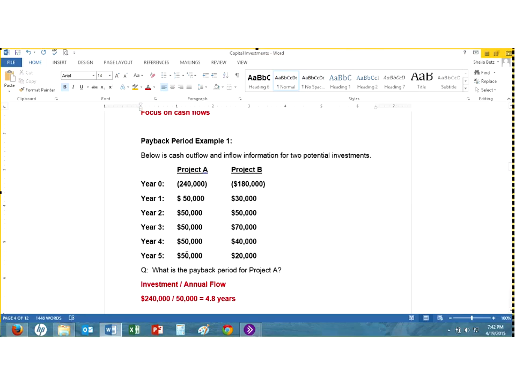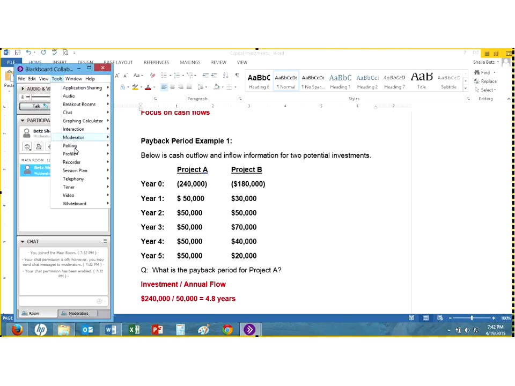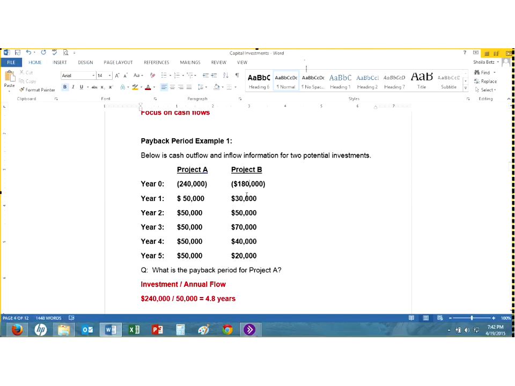Then year 1 through 5, we're going to get cash inflow of $50,000 because of this investment. Project B, when we first purchase the investment, we're going to spend $180,000. Once again, that indicates the negative. And then each year they're going to receive a different amount of money coming in.